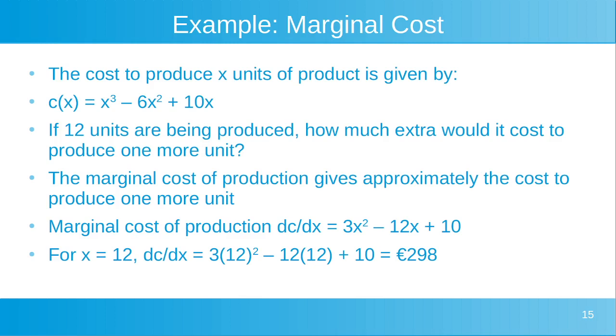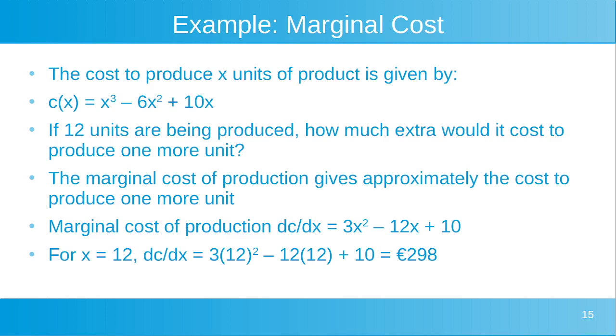The marginal cost of production gives approximately the cost to produce one more unit, and it is equal to the derivative of the cost of production function with respect to the number of units produced. So we want to calculate the derivative dC/dx.